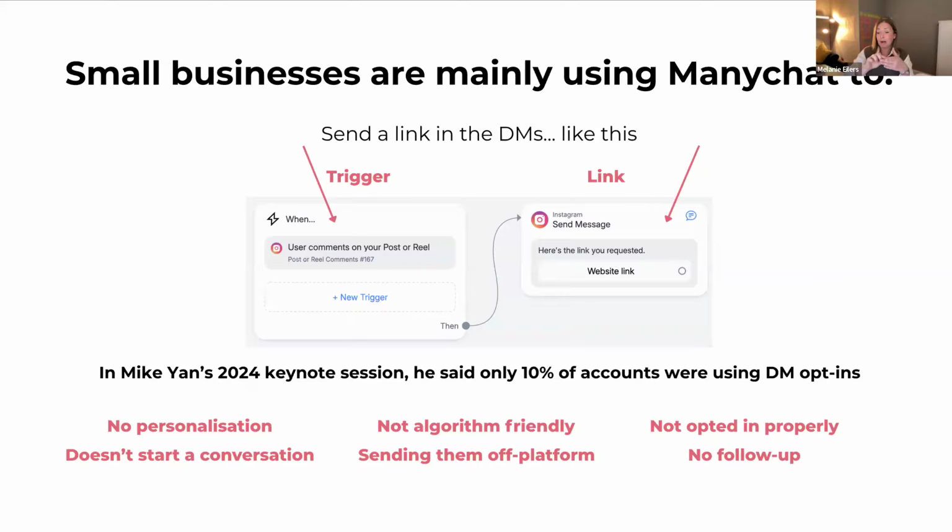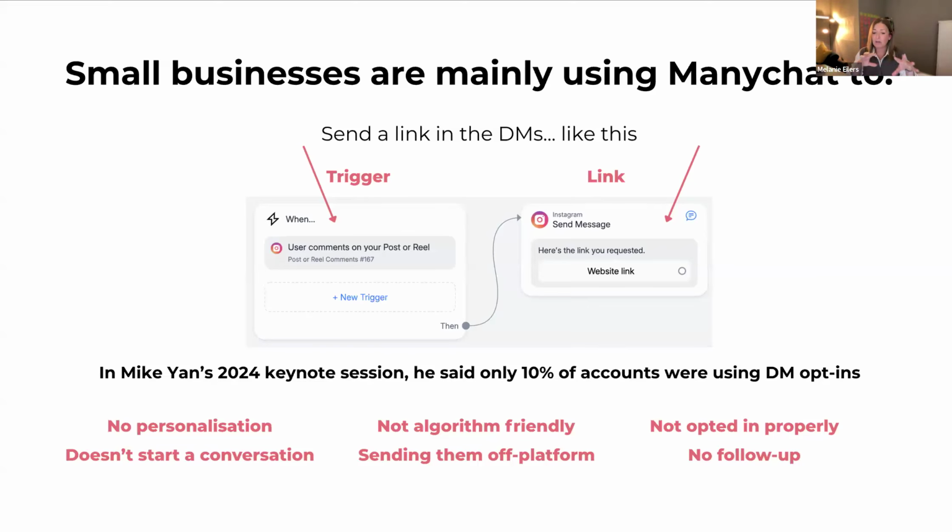So they need to click a button within the chat flow in order for the follow-up to be sent. So if I was going to change this little bit of functionality at all, I would have another message in between those two that would say, hey, looks like you're after the link to this guide, or whatever it is that you're trying to get them to sign up for. Is that correct? They click yes, and then you would send them the link. That is how to opt someone in properly.